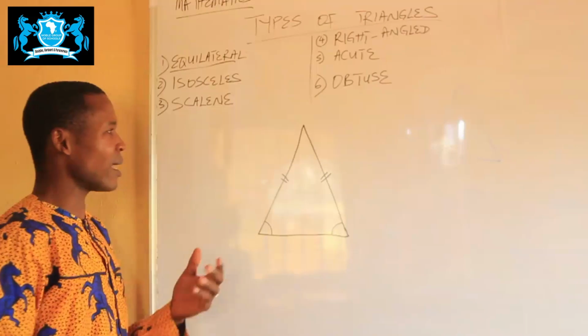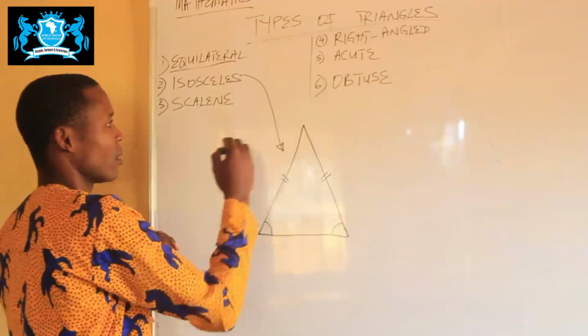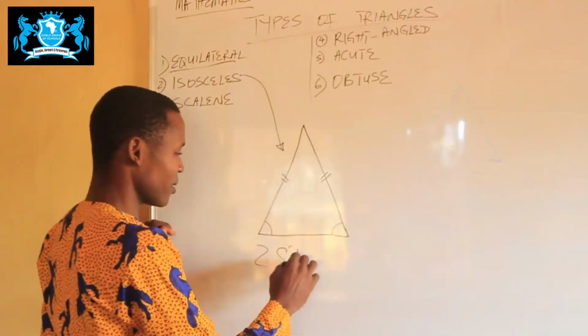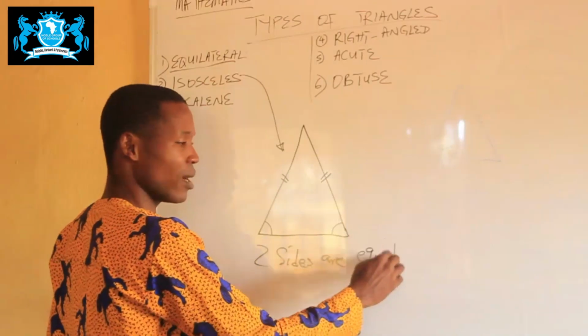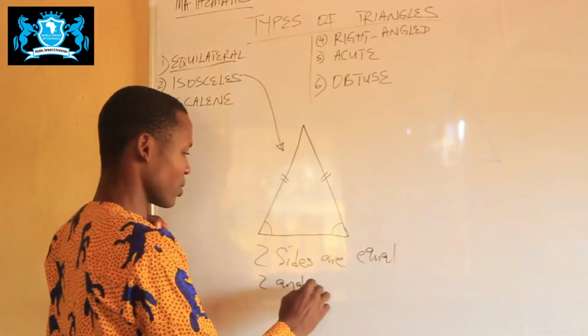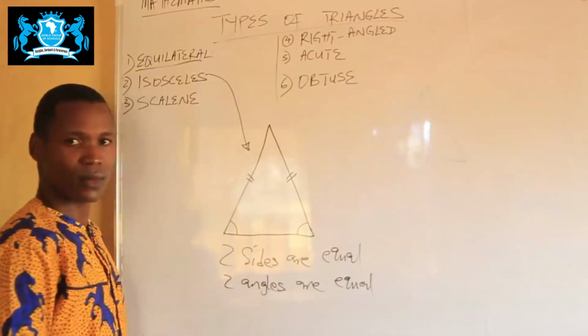So in an isosceles triangle, we can say that two sides are equal. Only two sides, two angles are equal.